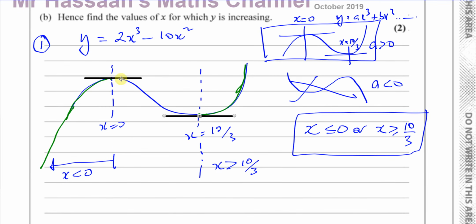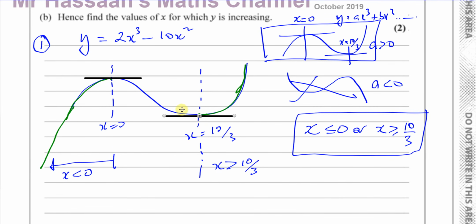But what they mean is, in this region here, when x is less than 0, the gradient is increasing until 0. Then between 0 and 10 over 3, the gradient was decreasing.